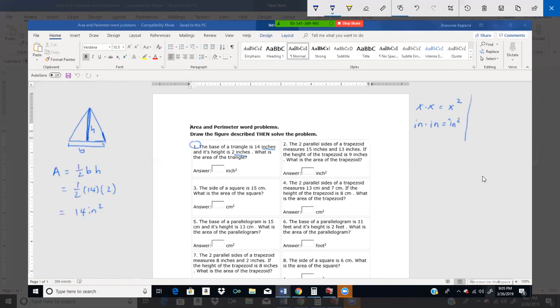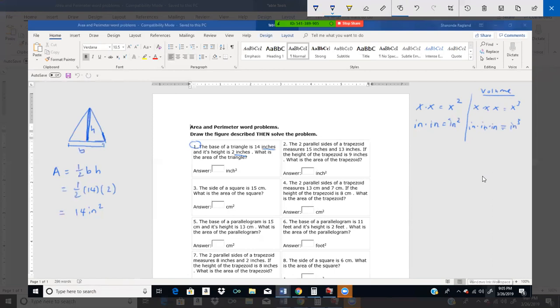When you get into volume, that's 3, so that's cubic inches, x cubed. If you have inches times inches times inches, that's cubic inches. That's why volume is always measured in cubic units. Okay, good. Just wanted to throw that out.